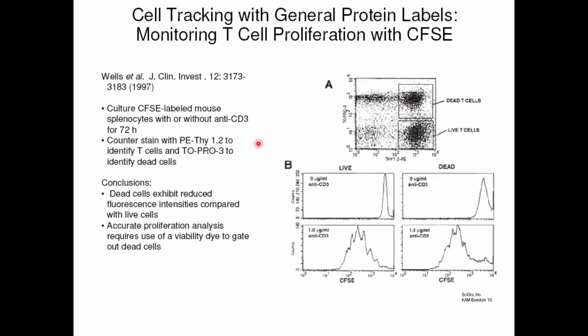For cell proliferation, as I was talking about CFSE, it's a dye which is transferred from one generation to another. So if you see the case of live cells, multiple peaks are formed. These peaks tell you that the cells go through the different phases. But here, there are not that many peaks. So basically your cells are dead.